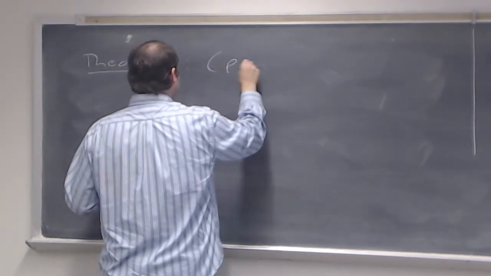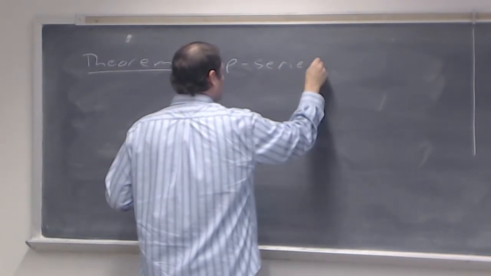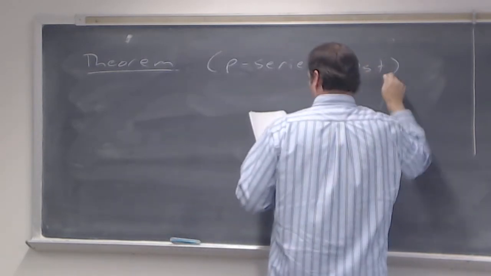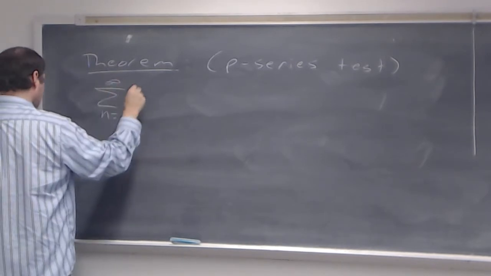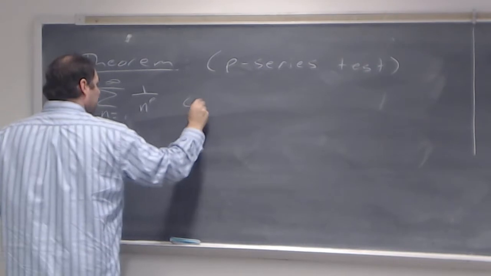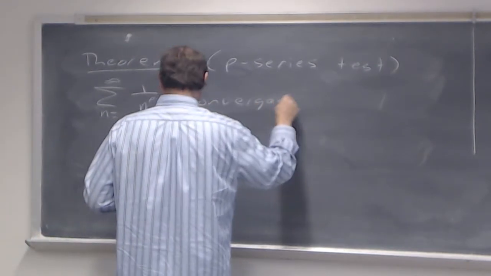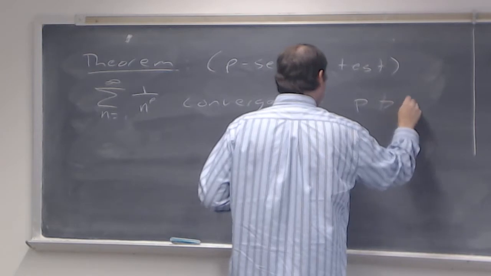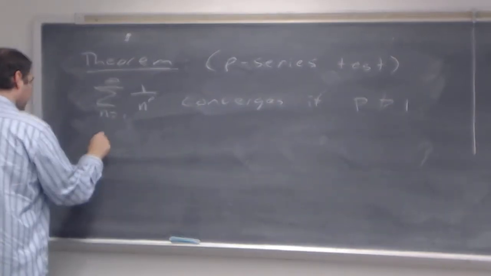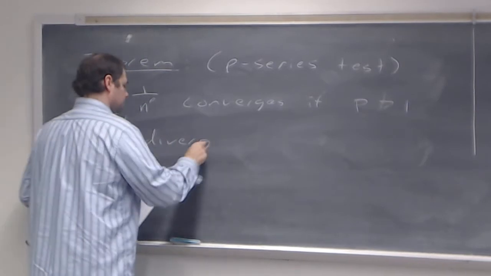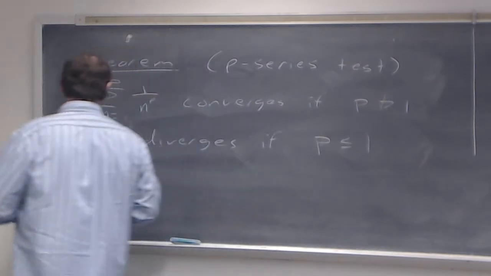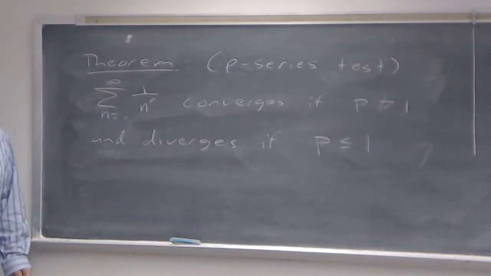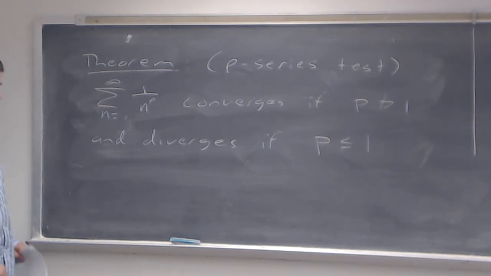P-series test: the series as n runs from 1 to infinity of 1 over n to the p converges if p is greater than 1 and diverges if p is less than or equal to 1. This is a statement that we use quite often in Calculus 2, and so we're going to prove that now.